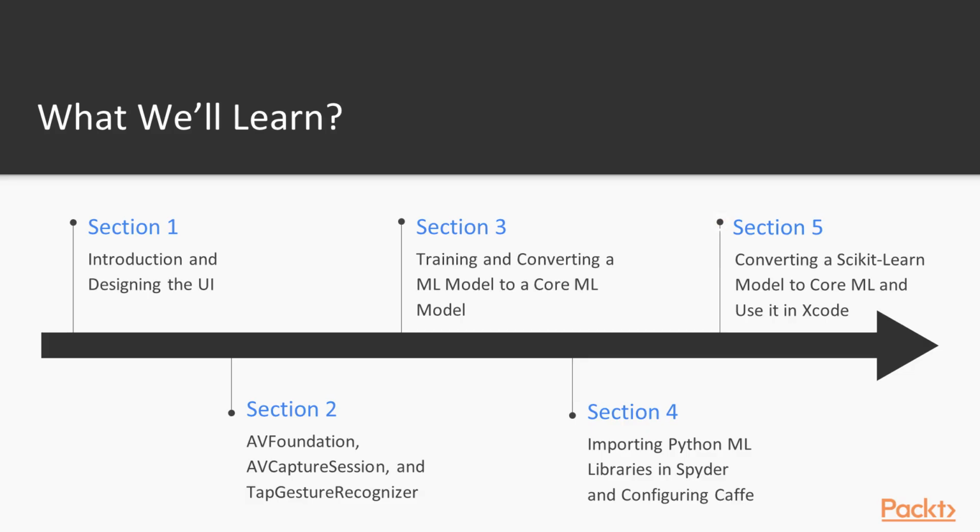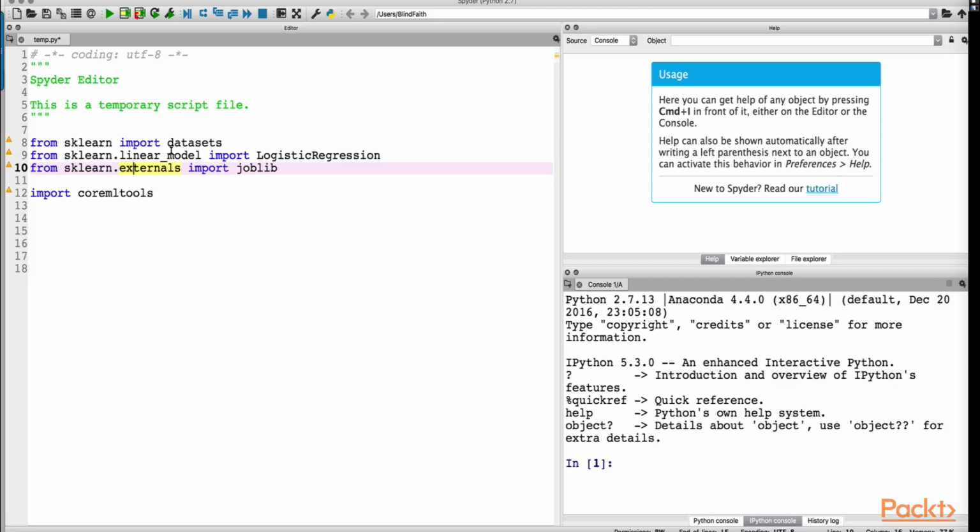In the last section, Section 5, converting a Scikit-Learn model, Core ML, and using it in Xcode. We are going to cover conversion through Core ML Tools. Core ML Tools is a Python package for creating, examining, and testing models in the .ml model format.